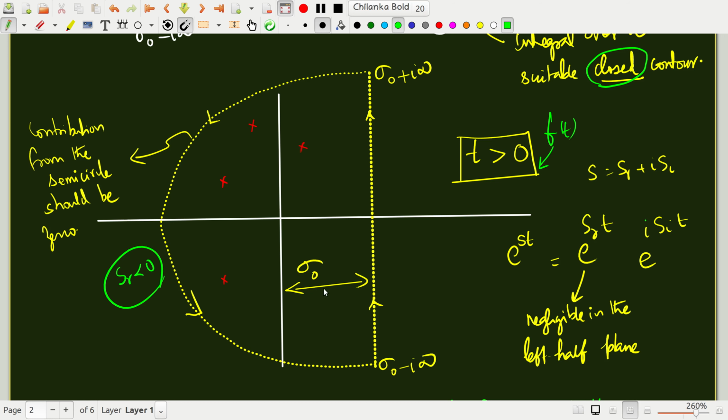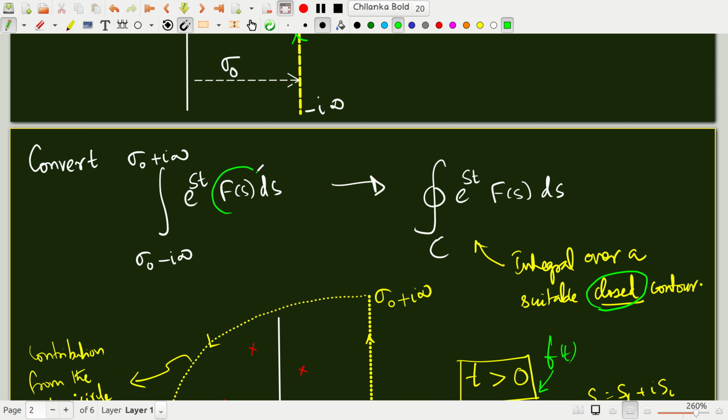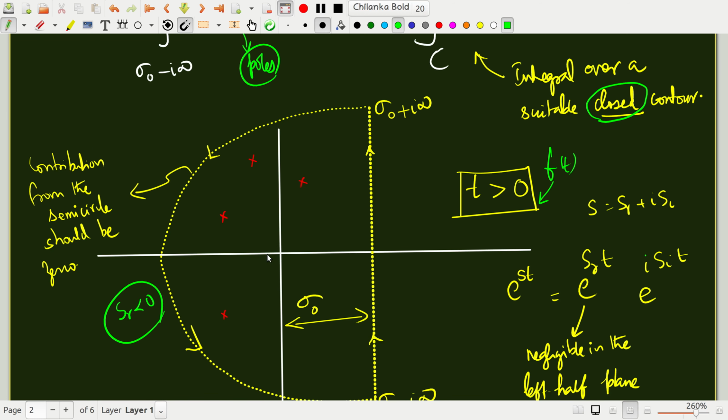Now how will you choose sigma? Where should you put this sigma? We will choose sigma naught in such a manner that all the poles of this function f of s lie to the left of this line. Remember, this f of s will typically have some poles. These are the poles that are marked in red crosses here.